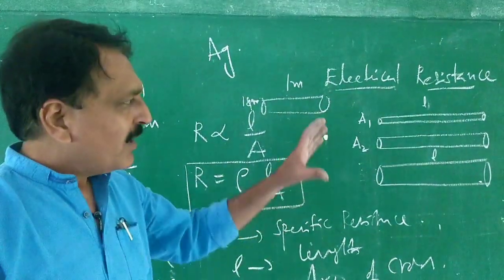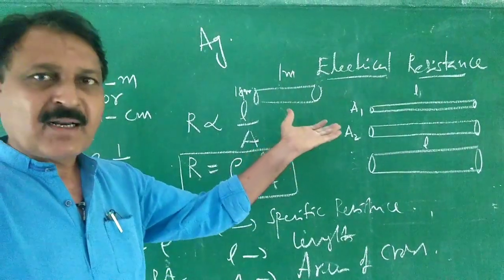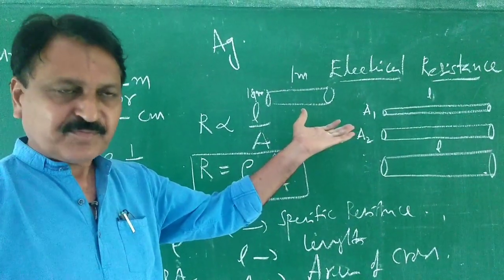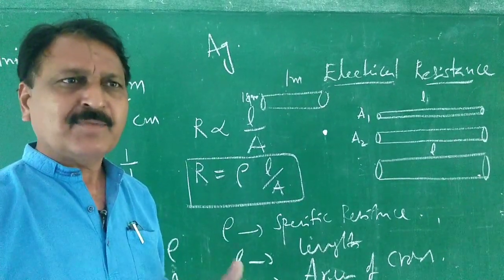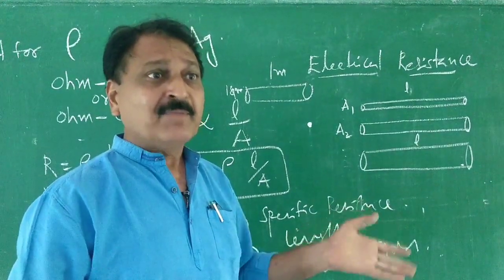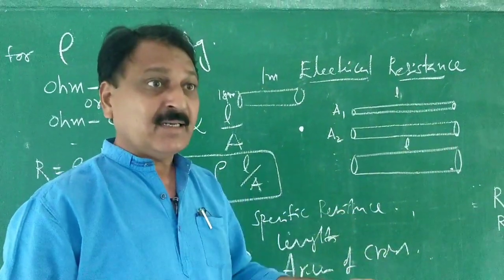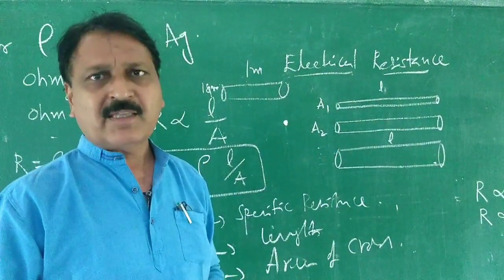Once again, before closing this, resistance is a particular property of a material. It depends upon the length of the object, the cross section area of the object, and the material. It opposes the flow of current. Resistance always opposes the flow of current.